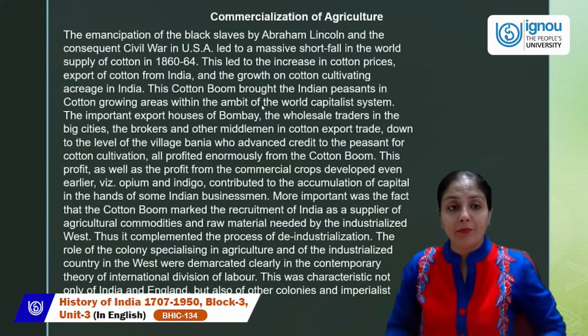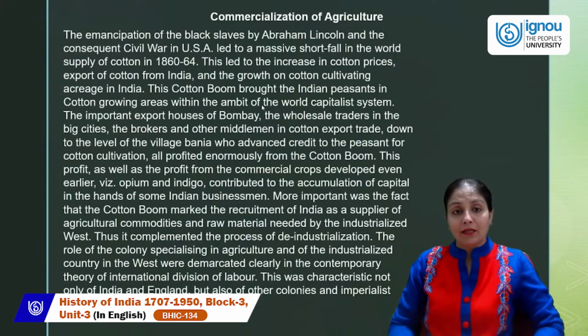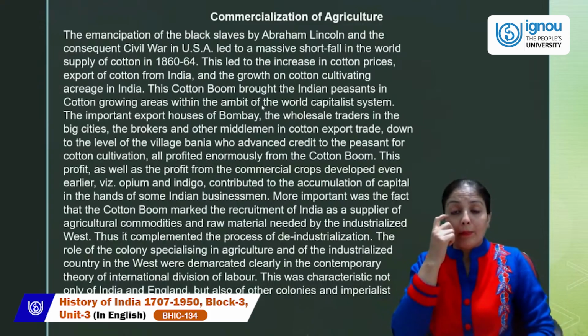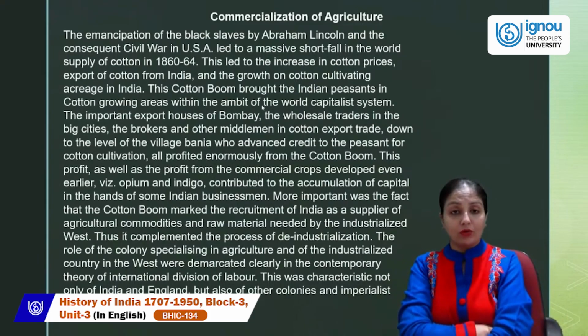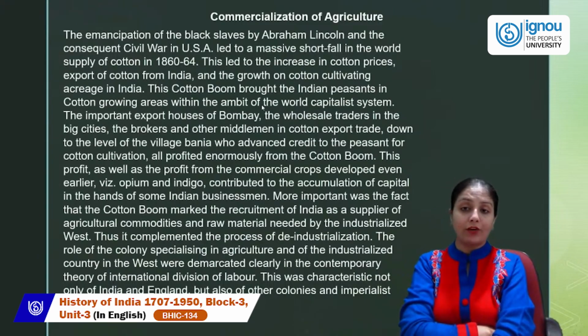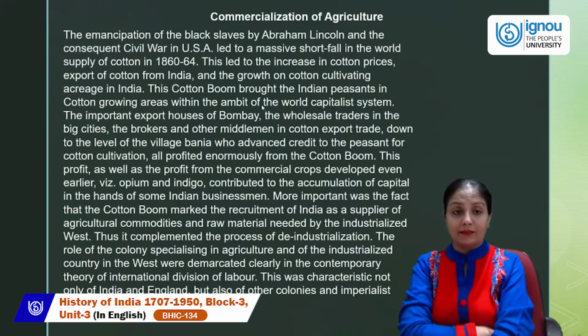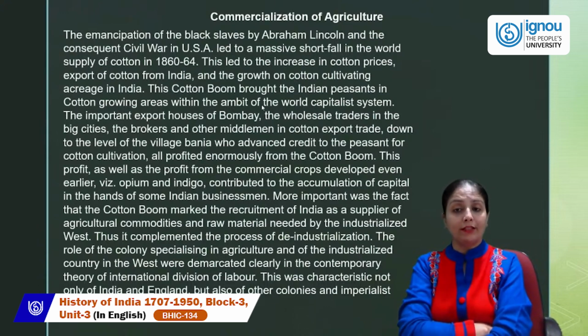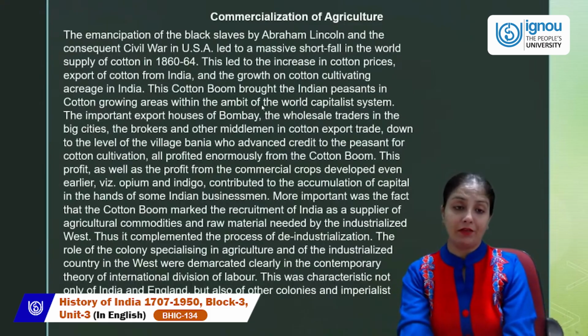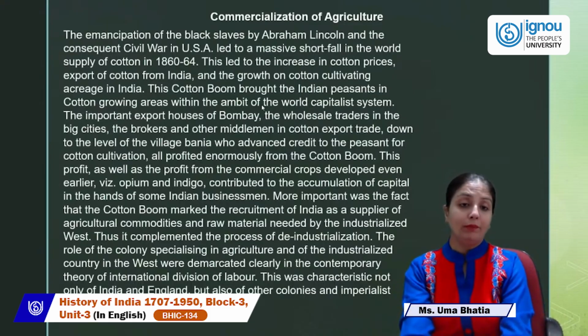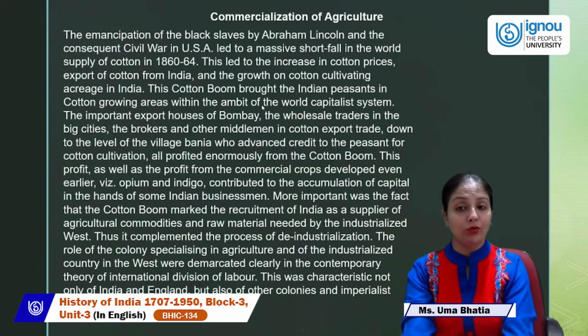This cotton boom brought the Indian peasants in cotton growing areas within the ambit of the world capitalist system. The important export houses of Bombay, the wholesale traders in the big cities, the brokers and other middlemen in the cotton export trade, down to the village bania who advanced credit to the peasant for cotton cultivation, all profited enormously from the cotton boom.